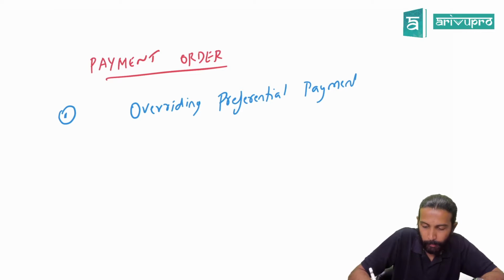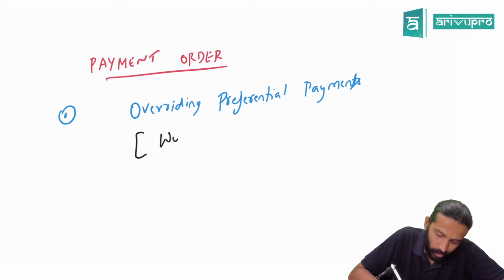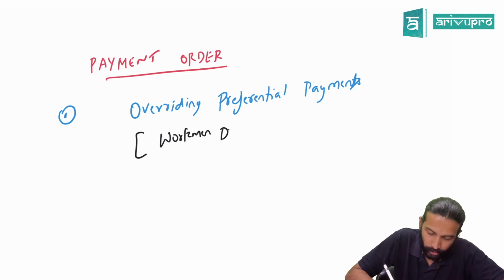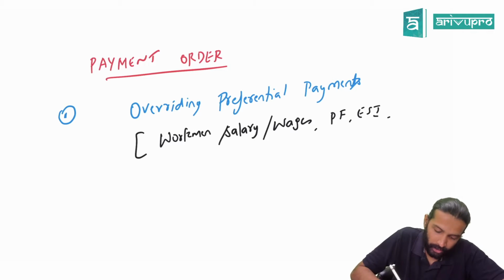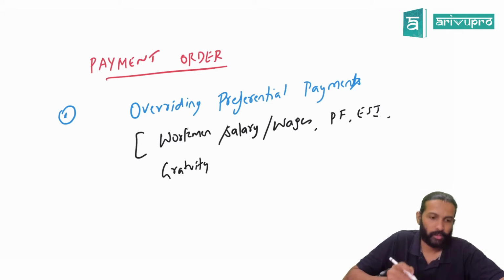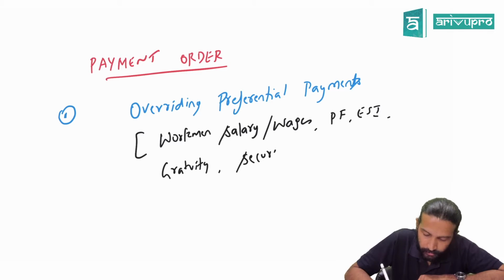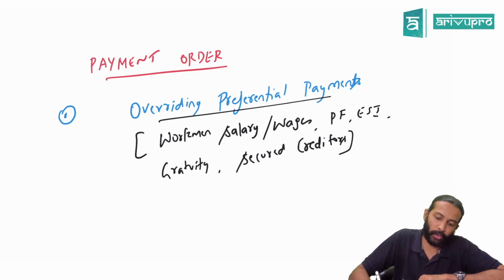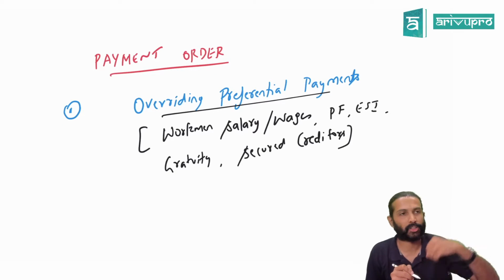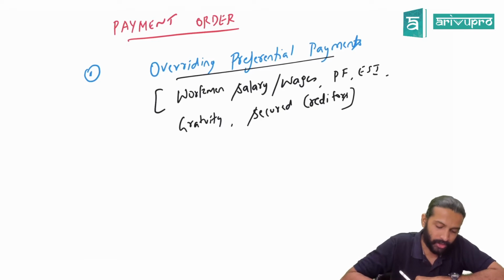Examples are workmen dues, or you can write workmen's salary or wages, their PF, ESI, gratuity, secured creditors, etc. These payments we call overriding preferential payments. First, we will make the payment to this particular set of people.